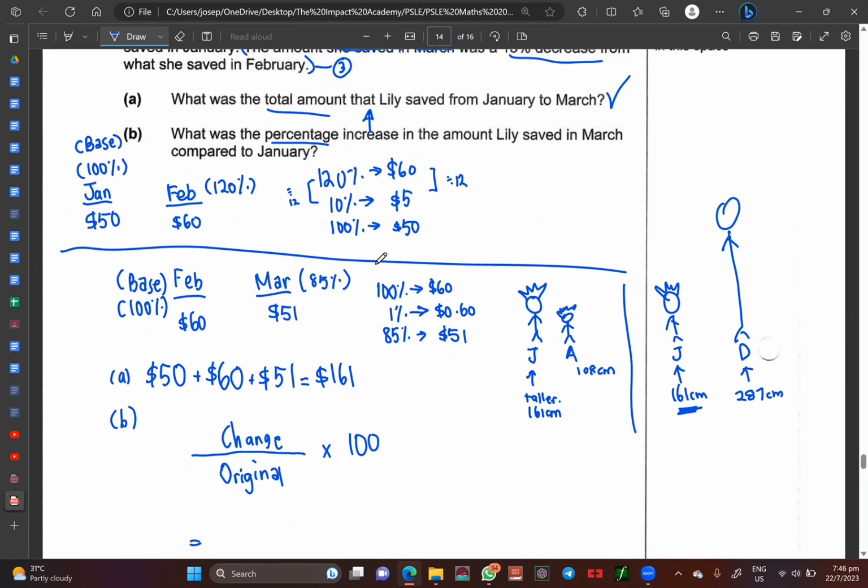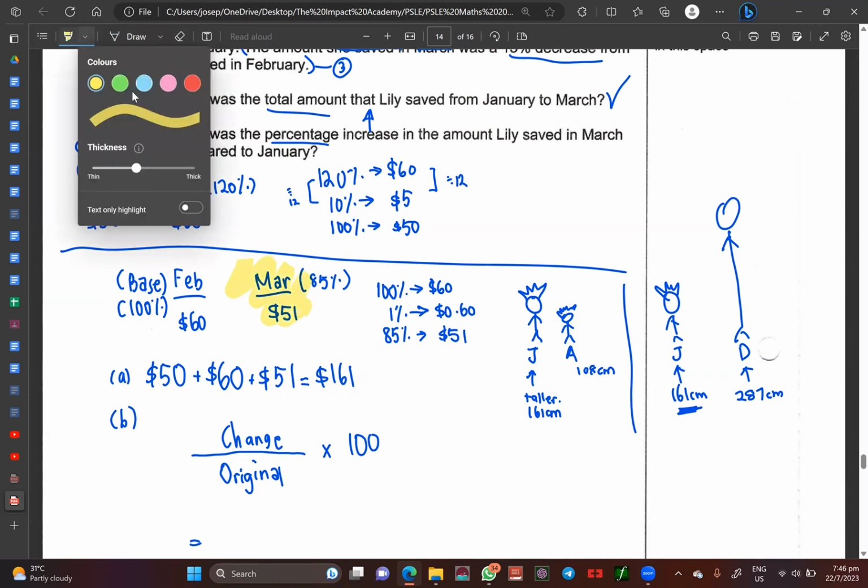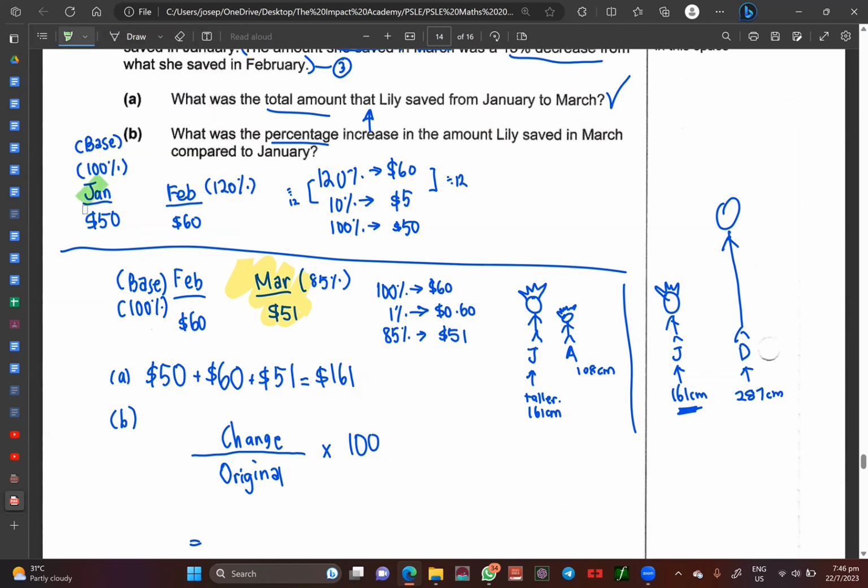Now, what is the change? Ask yourself, how much do I have in March? Let me highlight it for you. I have this in March. How much do I have in January? I have this in January. What is the change? $51 minus $50 over what is the original?